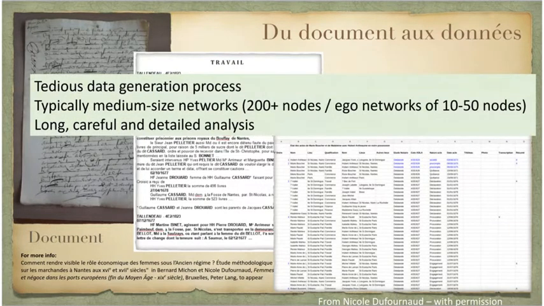Usually it's a tedious data generation process, and they analyze these documents a lot, and that typically gives medium-sized networks, such as 200-plus nodes. And they want to do a long, careful, and detailed analysis of these documents and these people.